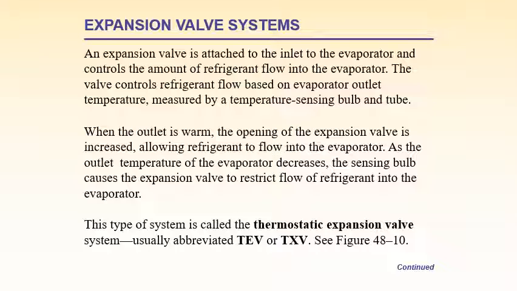As the outlet temperature of the evaporator decreases, the sensing bulb causes the expansion valve to restrict flow of refrigerant into the evaporator. This type of system is called a thermostatic expansion valve, and it is usually abbreviated as TEV or TXV.